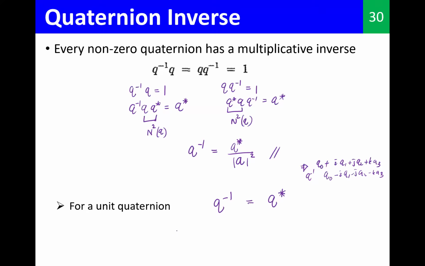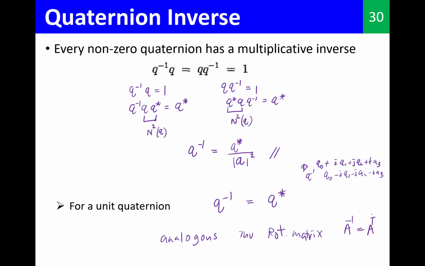So this basically, I think you remember, this is analogous to the rotation matrix, right? That was also easy to calculate. Inverse rotation is equal to the transpose, if you can remember.